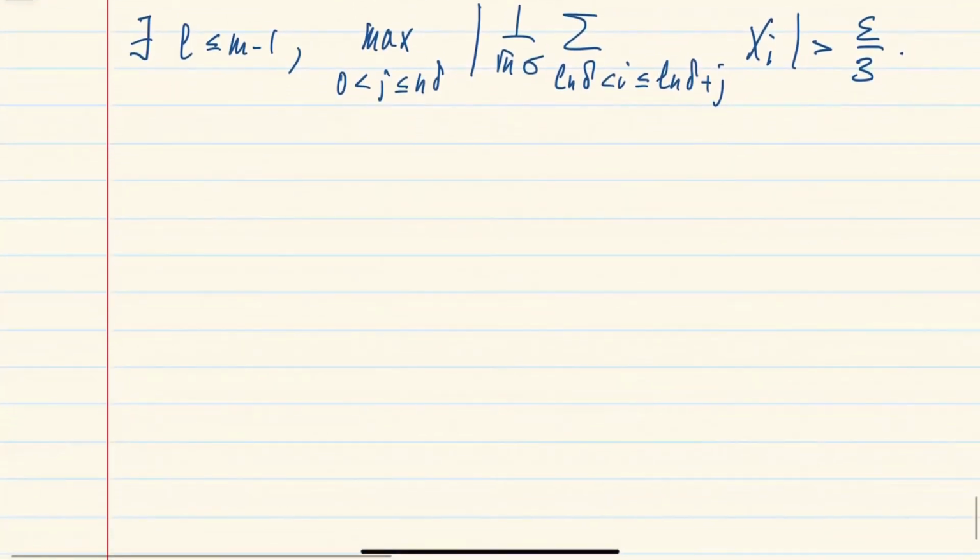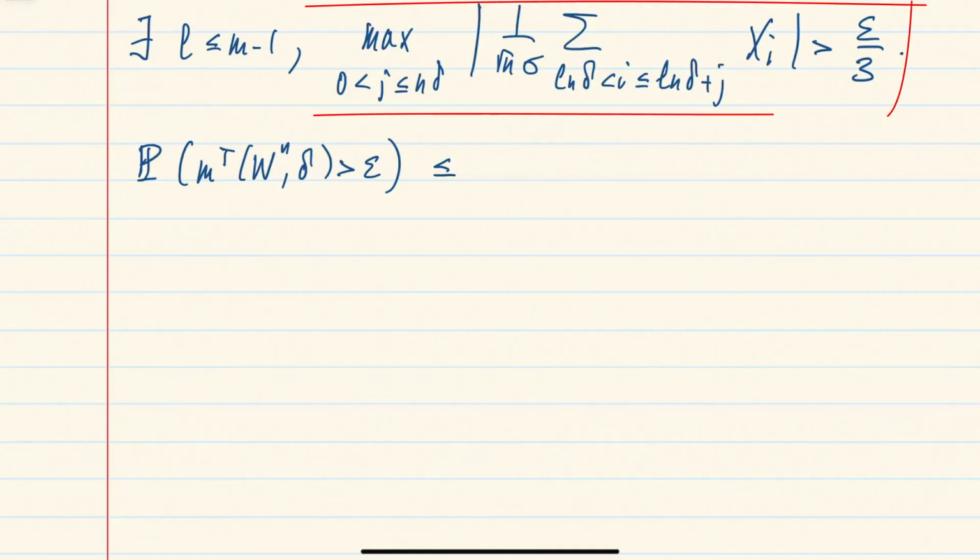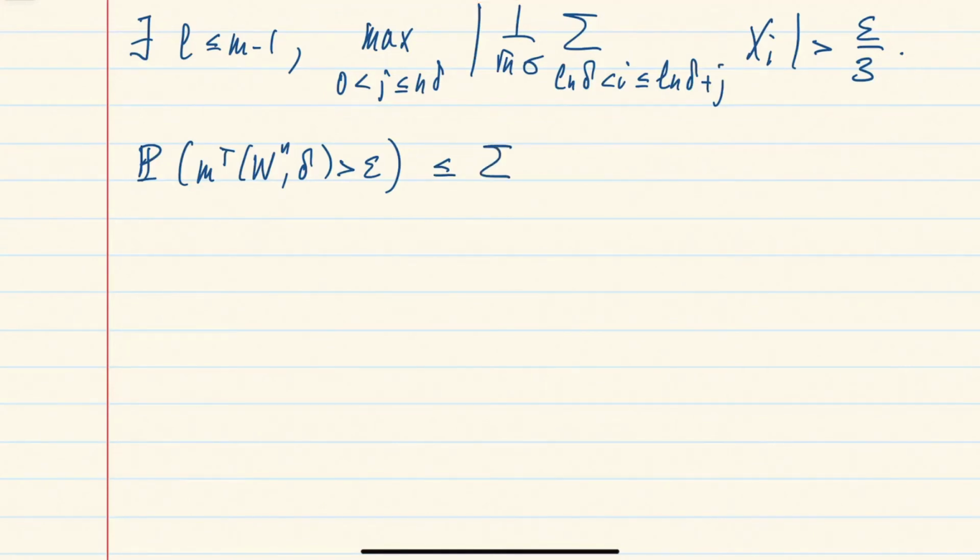Given this observation, we can control the probability that the modulus of continuity of this process Wn at delta exceeds epsilon. It means one of these events should happen. So for one of the L's, this maximum should exceed epsilon over 3. By the union bound, we can bound this by the sum over L of the probability of this event.